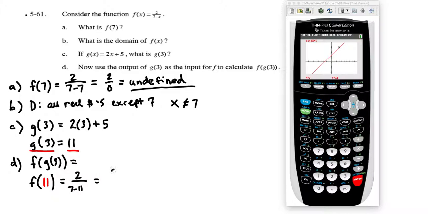And we end up with 2 over negative 4, which is going to be the same thing as negative 1/2. So we end up here with f of g of 3 should equal negative 1/2.